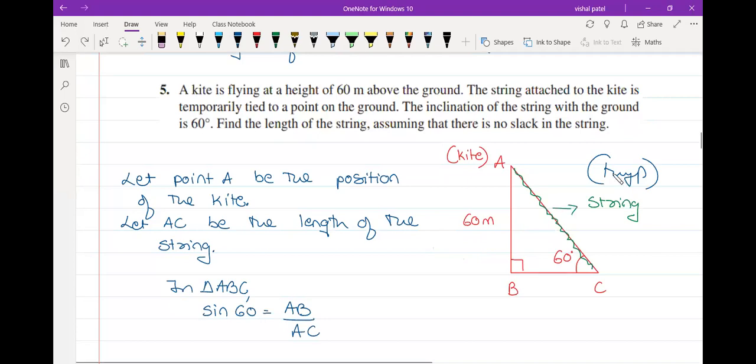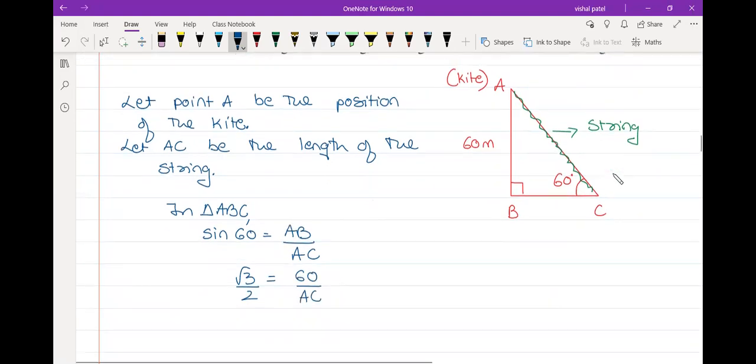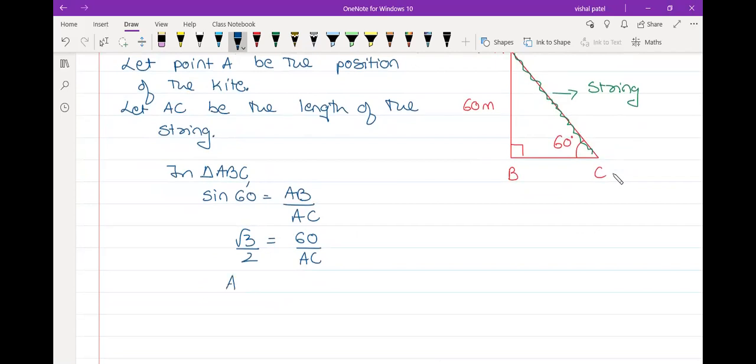Okay, so let us substitute the values and the sum is done. Value of sin 60 is √3 upon 2. AB is 60. You have to find out AC. So AC, cross multiply. Again rationalize. Reduce.